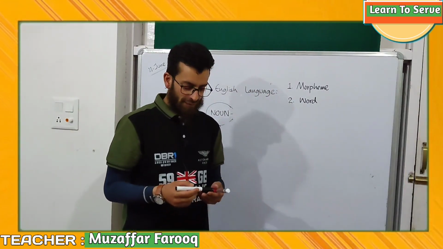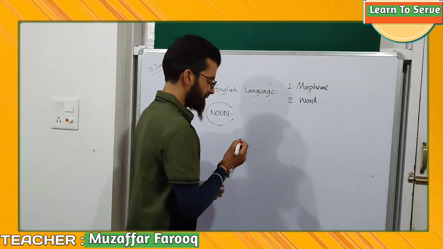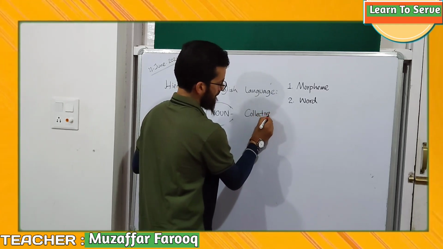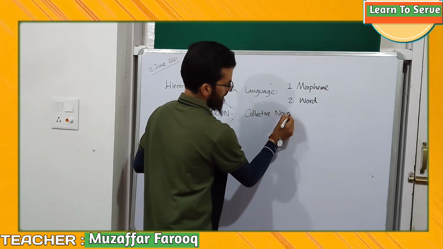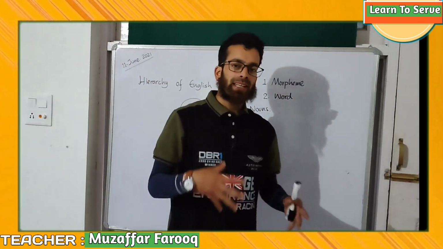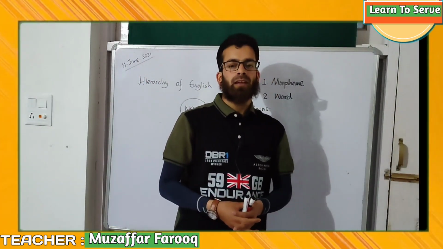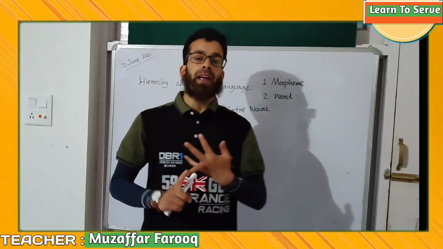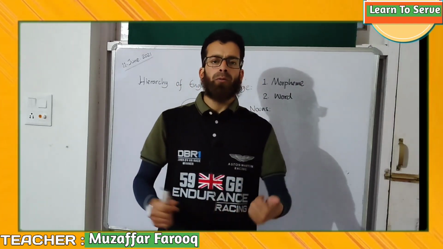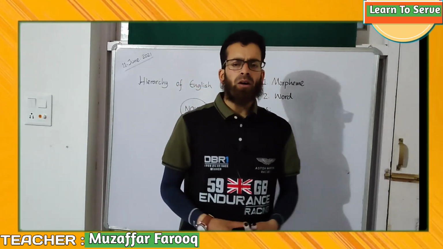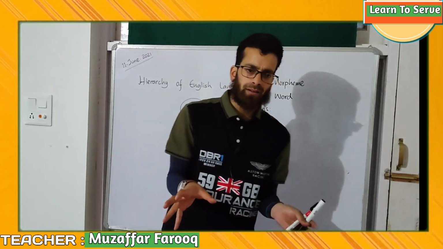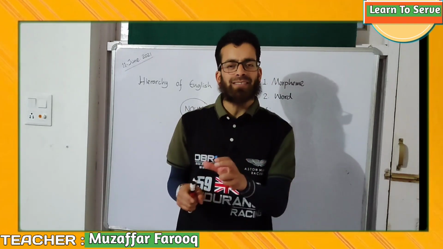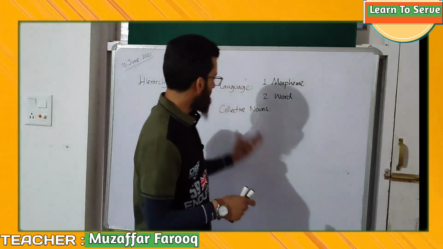Now we have to discuss collective nouns. As far as collective nouns are concerned, the words for a group of plants, group of animals, group of persons, group of fishes, group of things, or group of anything which can be sensed by our senses, you can categorize in the category of collective nouns.